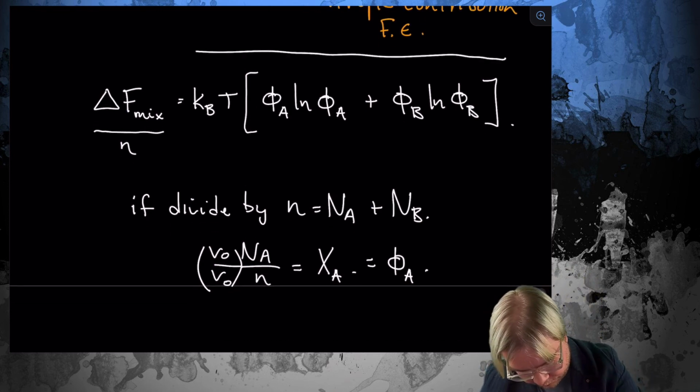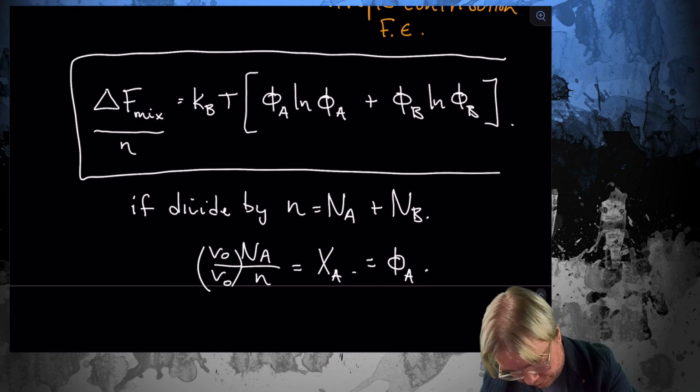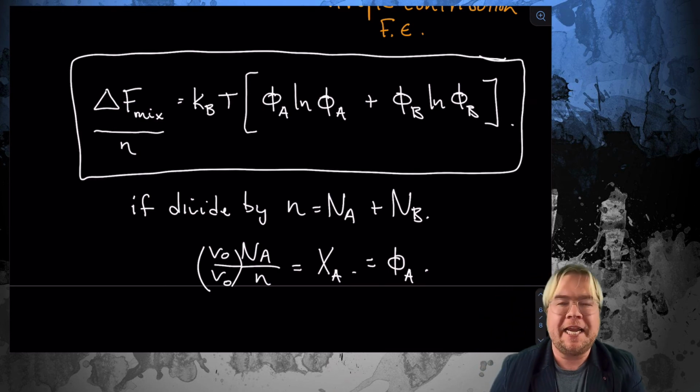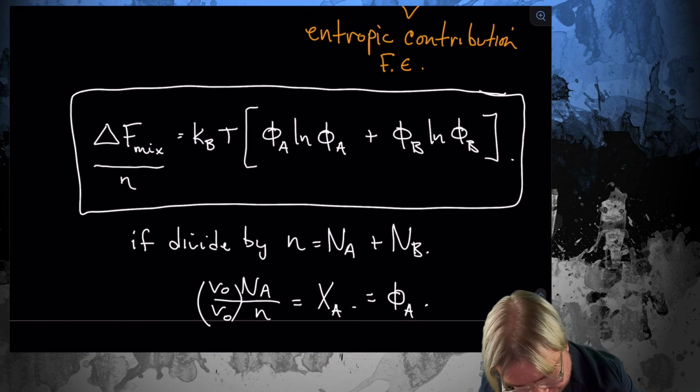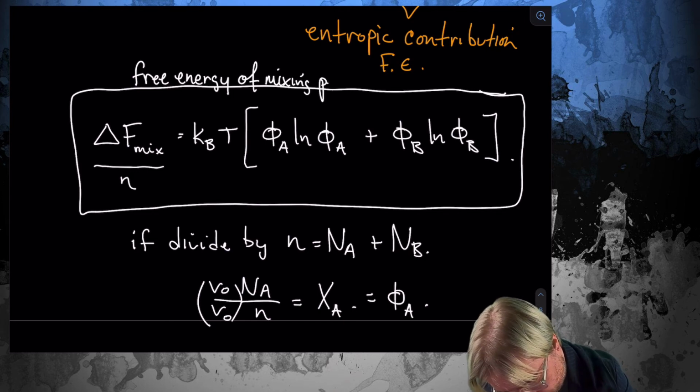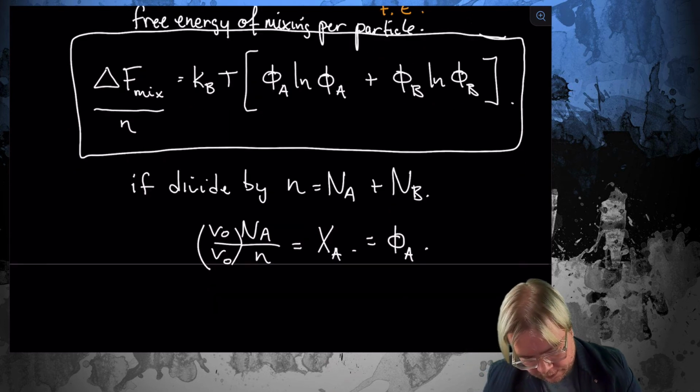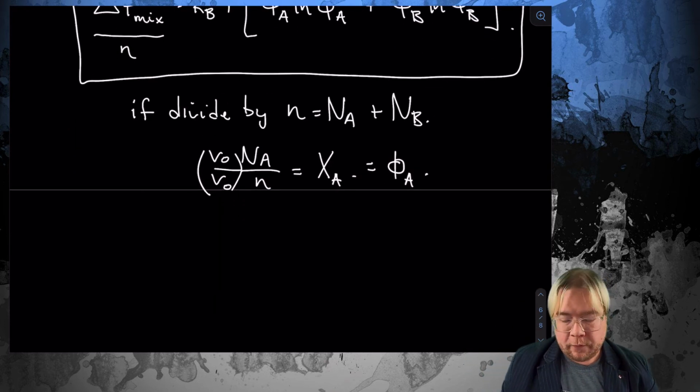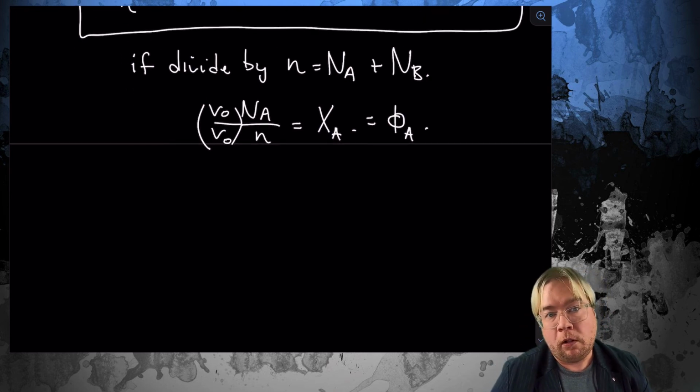So this is important. This is the change in free energy per particle. So this is the free energy of mixing per particle. So you could write it different ways. You could write it per mole if you wanted.